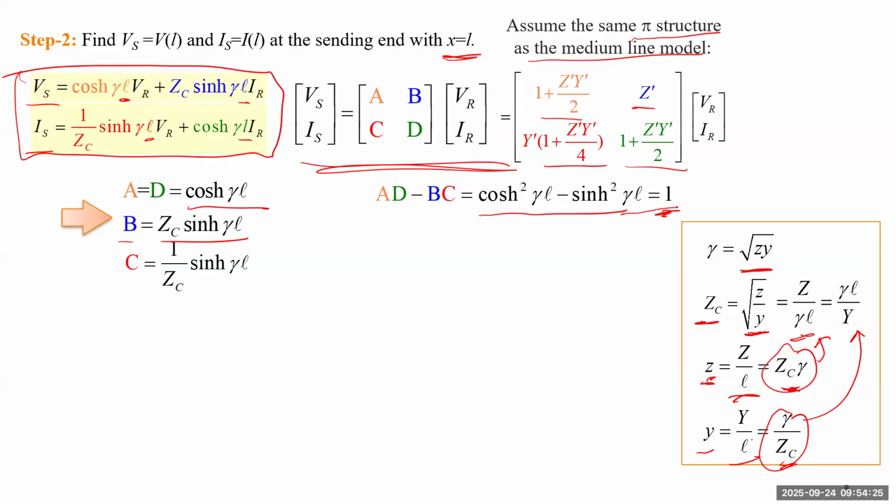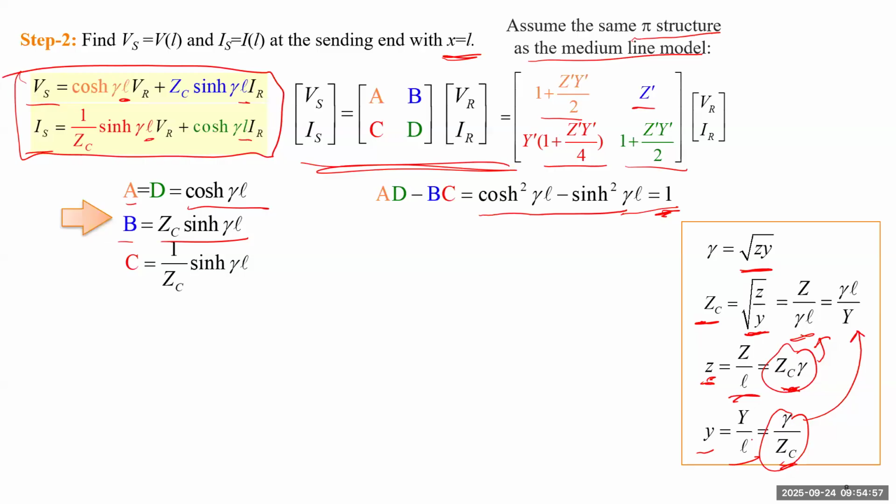But here, what we change is we add a prime to each Z and Y, because the Z prime and Y prime do not mean the actual impedance or admittance of the line, which just means the equivalent impedance and admittance of the line, if we find the equivalent circuit taking this pi structure. So let's figure out what the Z prime and the Y prime are.